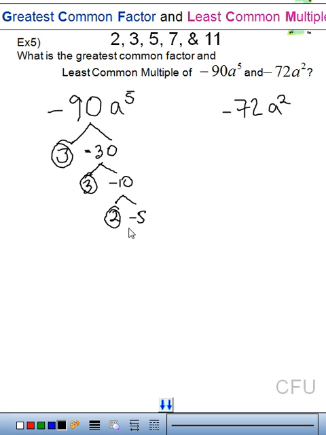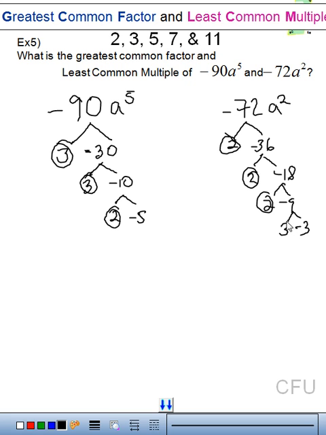Okay. Next, over here. This is 2, and that's 36. Negative. Circle the first prime. This one is 2, negative 18. This is 2, negative 9. And this is 3, negative 3. Is that correct?